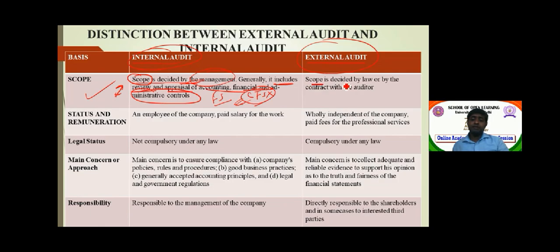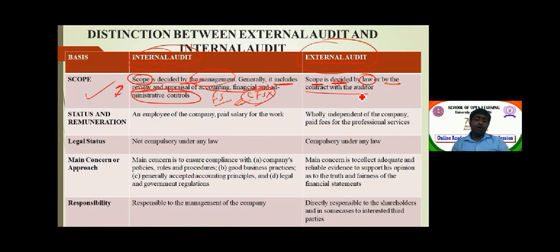So the scope is basically decided by law or by the contract with the auditor. It's not like, let's say, the management is saying that you just go and check the trading account, profit and loss account and balance sheet, and don't go and check the ratio or cash flow statement, fund flow statement. It's not like this.